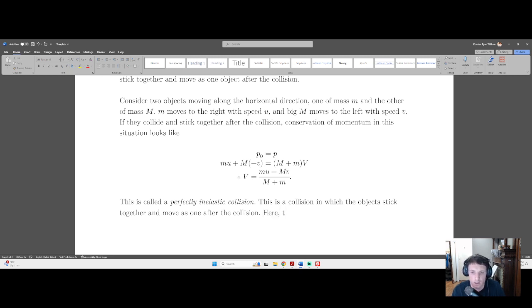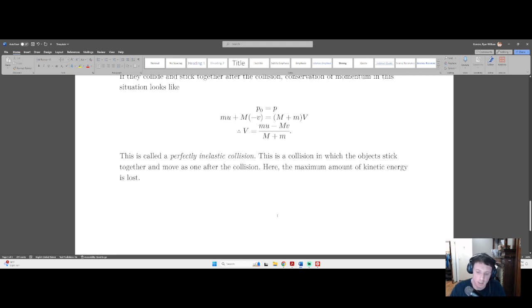The maximum amount of kinetic energy is lost, because these objects clearly had kinetic energy too. They were moving, they have masses, they have some non-zero velocity. Hopefully I don't have to convince anybody that they also have kinetic energy. If you had numbers for a problem like this, you could calculate just how much kinetic energy was lost, because we could also apply conservation of energy to this collision.